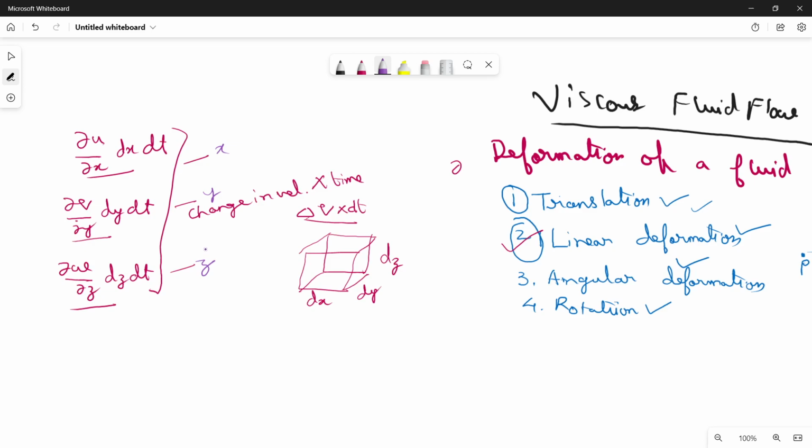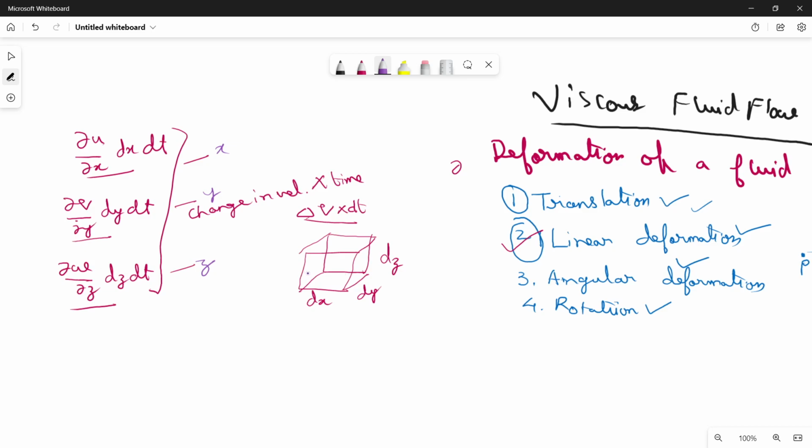It signifies that there is a change in the volume of the fluid element, because dx is changing, dy is changing, and dz is changing.